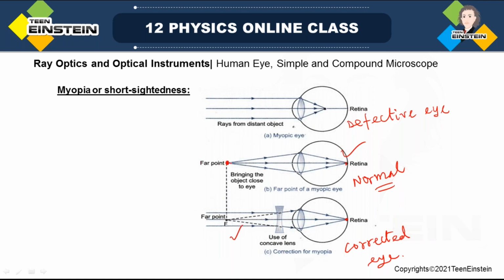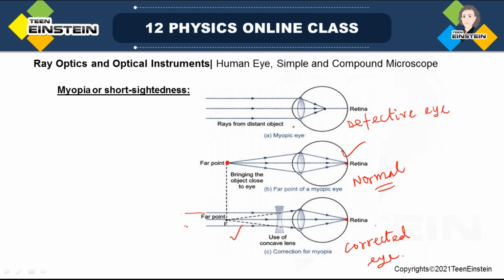Okay, that means when you have light rays from a very far object, you have to use a concave lens to correct this defect. Why?